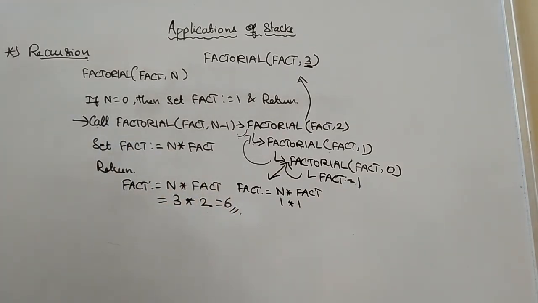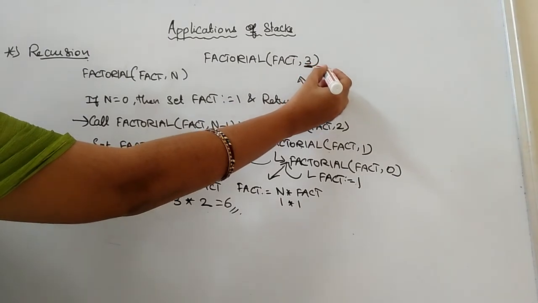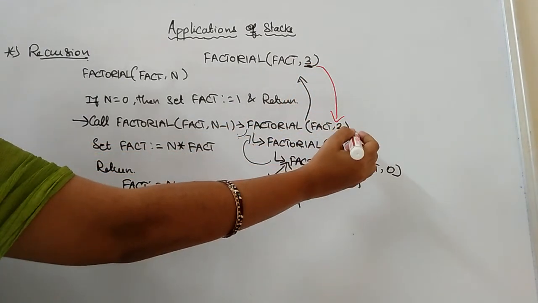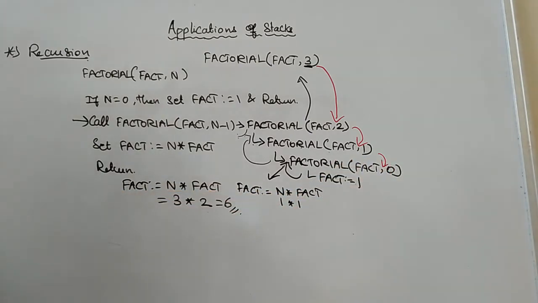So this is a concept by which we are going to implement recursion. But whenever you make use of recursion, just notice one thing. Factorial of 3 is calling the function 2, and 2 is calling 1, and 1 is calling 0.